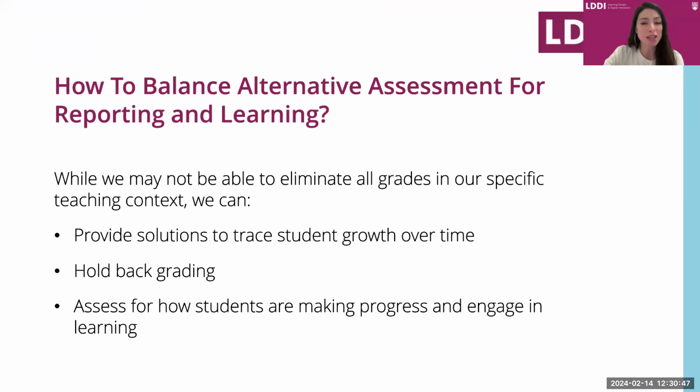Although we may know based on research that traditional assessment and grading practices aren't always a good reflection of student learning and growth, can be stressful and can exacerbate existing academic inequalities, we may not always be able to or want to eliminate traditional assessment and grading in our specific teaching context for a variety of reasons. But what we can do is provide solutions to trace student growth over time, hold back some grading, and assess for how students are making progress and how they engage in learning. So we will showcase how to do that today.